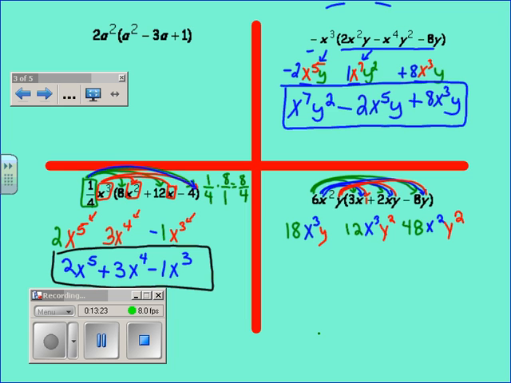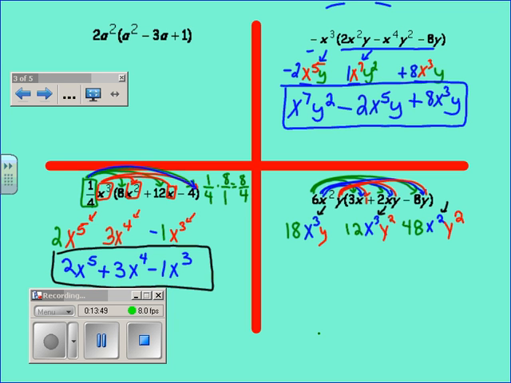Now, when I look at this, I need to check to see if it is in standard form. When I first look at it, I'm going to find that in my first variable, x cubed is here, but I also have an x cubed here. This is x squared, so that will be the last one. But I need to decide between the 18x cubed y and the 12x cubed y squared, which will come first.